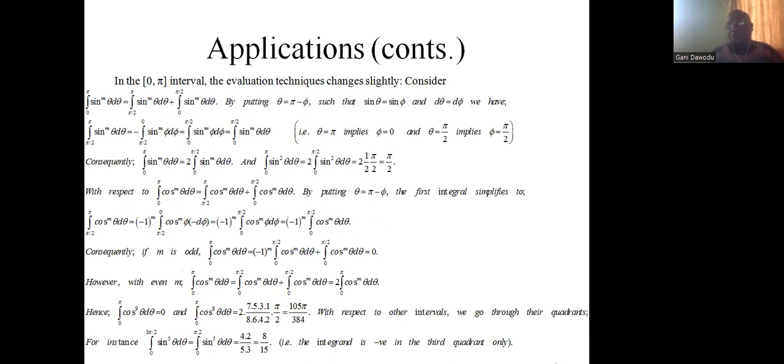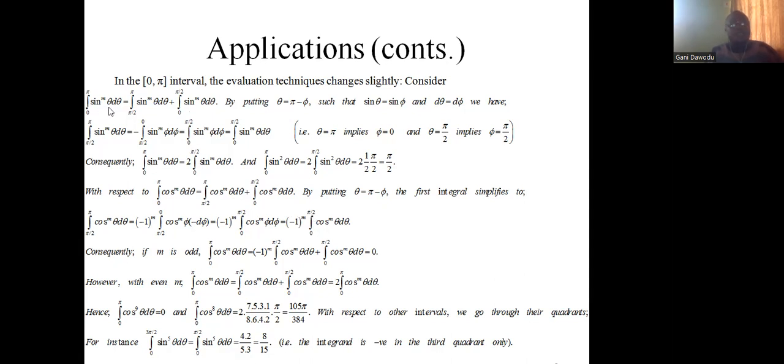Sometimes it will be positive in the first quadrant. Sine, cos and tan are all positive in the first quadrant, but it depends on the integrand you have in your hands. So when you know where it is positive and where it's negative, you know what to cancel out.